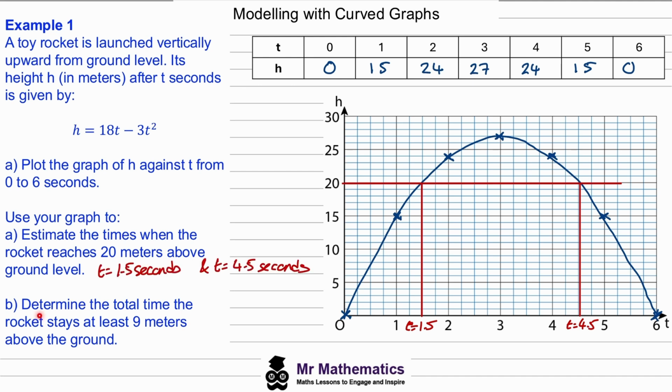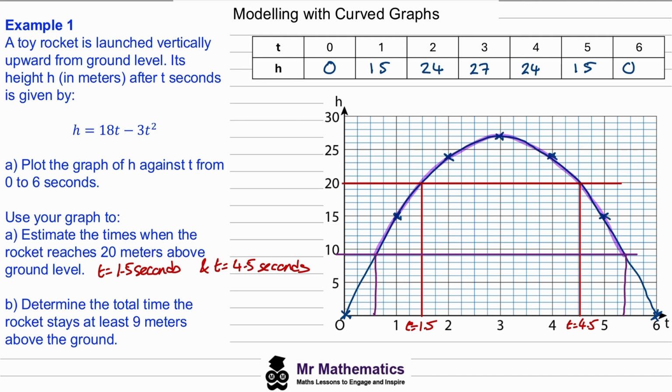And for part B, determine the total time the rocket stays at least 9 meters above the ground. So we use our vertical scale. We find when h is 9, we go across to our curve, and from this moment in time onwards up to here, you can see we're above 9 meters. So we can draw another horizontal line when h is 9, and we need to find these two times.